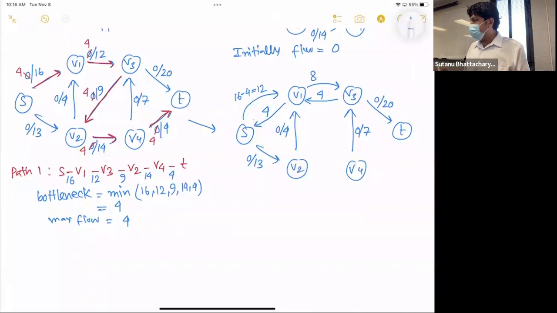Now V3 to V2, what is the forward edge? 9, right. No. 5, right. 9 minus 4, that is 5, the remaining capacity. Now, what is the back edge? 4. Now, V2 to V4, what is the forward edge?